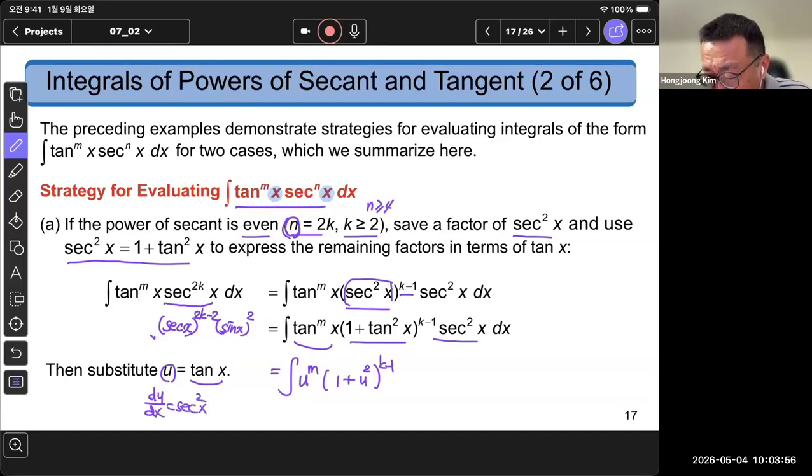So du will be the same as secant x squared dx. That product corresponds to du. Then the integrand is a polynomial in u. So the integration will be simple. So if the power of secant is even and greater than or equal to 4, the problem is simple.